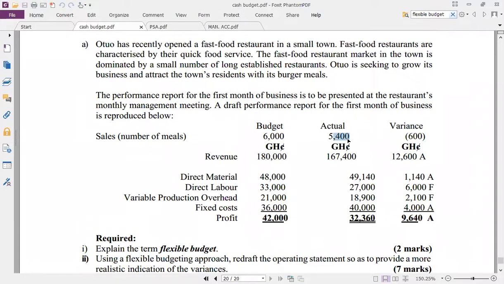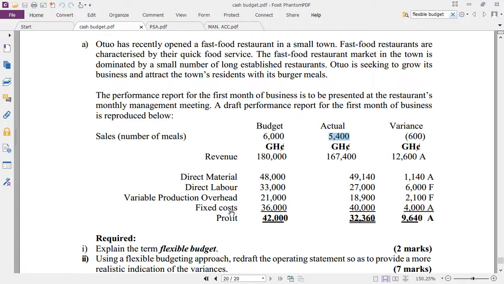So I'm going to flex that on the actual level. So the budget one is for 6,000, which is 100. Now I can just express 5,400 of 6,000. That's 90% or so. If it's 90%, all the variable I can take as 90%.